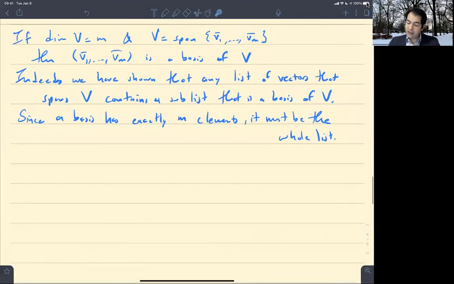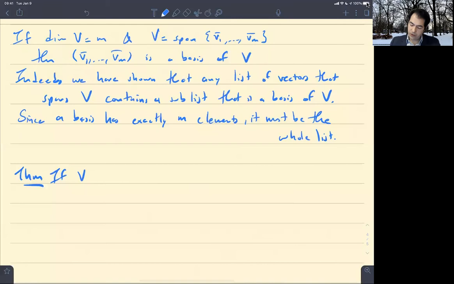Okay, so now let's show the other way around. Instead of starting with a spanning set and then shrinking it to get something that's linearly independent, let's show that if you start with something linearly independent, you can always expand it until you get a basis, a spanning set. Okay, so theorem.